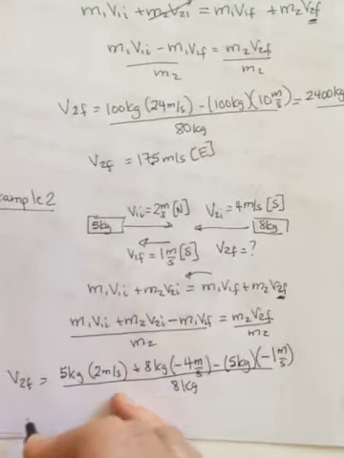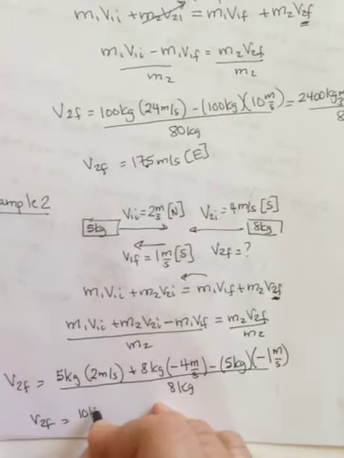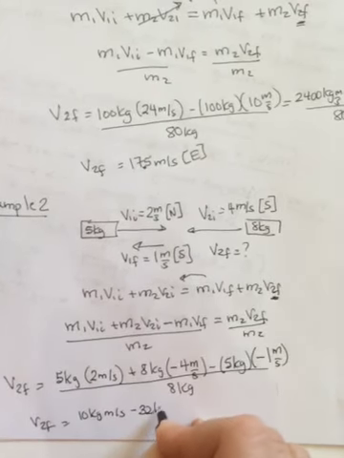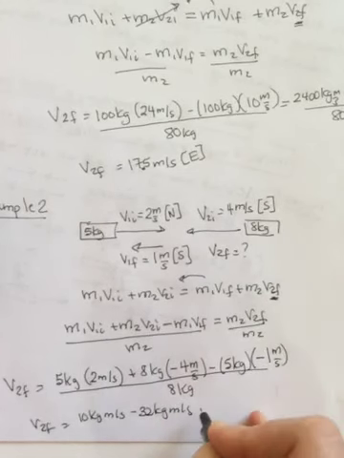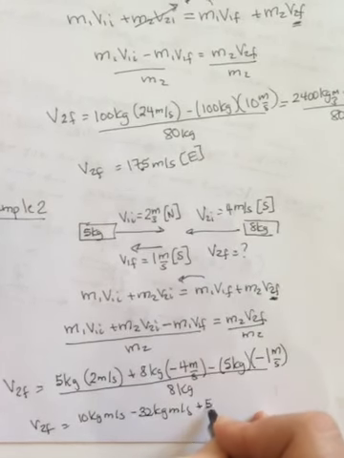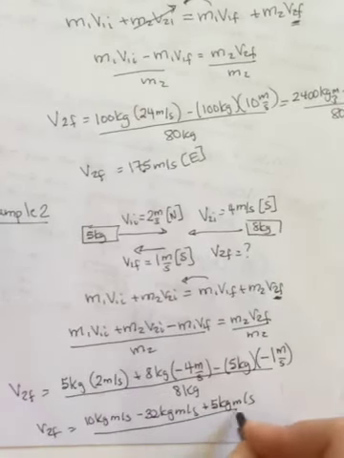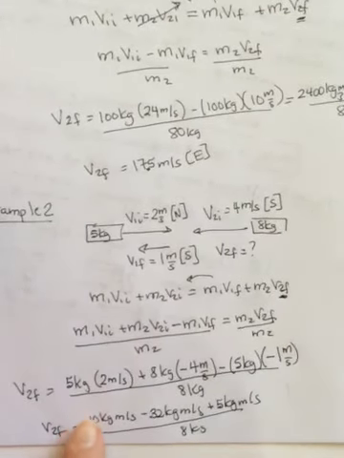So we have on the top, just to make sure you're not going to make any mistakes, 10 kilogram meters per second minus 32 kilogram meters per second. And then this negative becomes positive, so plus 5 kilogram meters per second. And that's going to get divided by 8 kilograms.